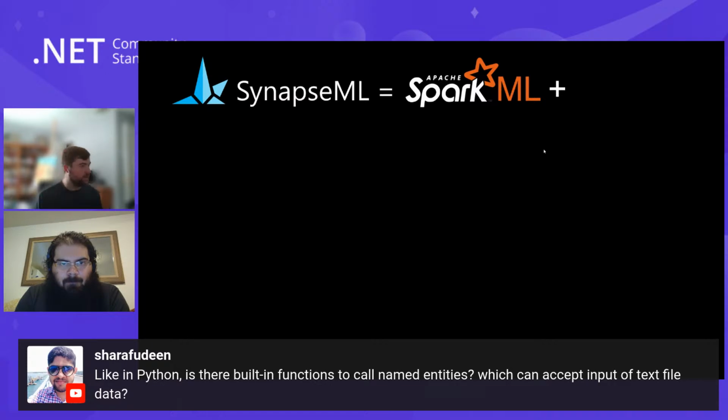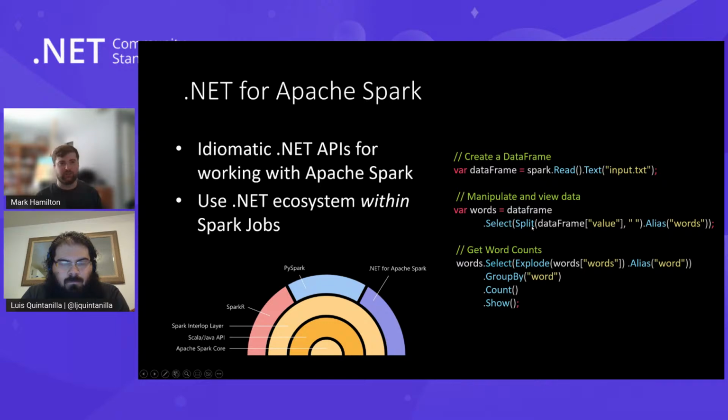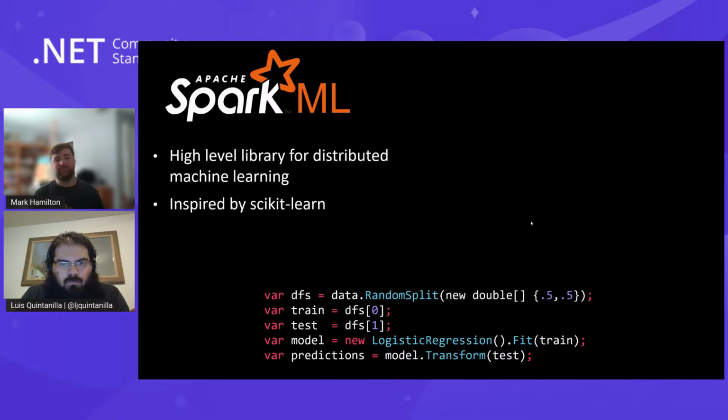Yeah, that's a great question. So in terms of these built-in functions that you see here, like split and explode, these particular functions will be your low-level, standard operations. And we'll see in a little bit where applying named entities might come in. So we provide several SparkML transformers that have the API like this that do named entity recognition and other kinds of operations.